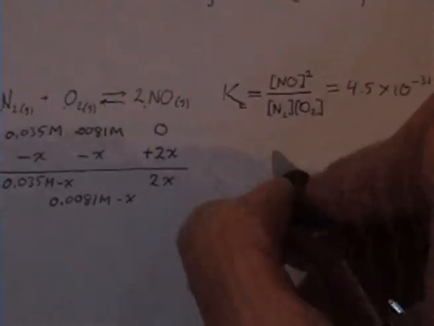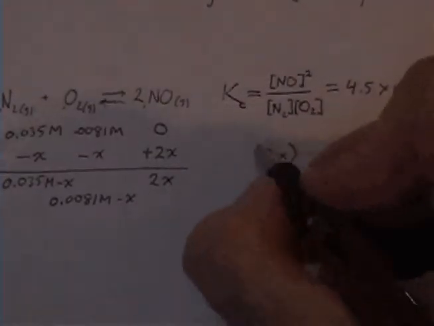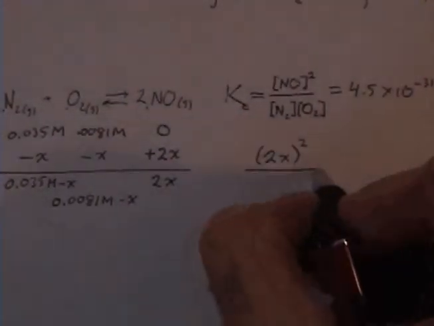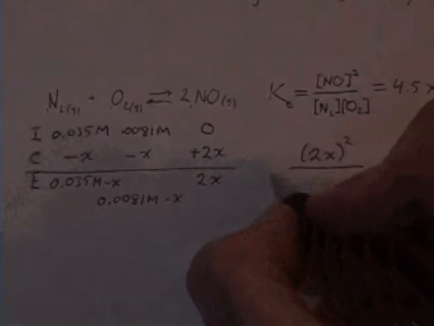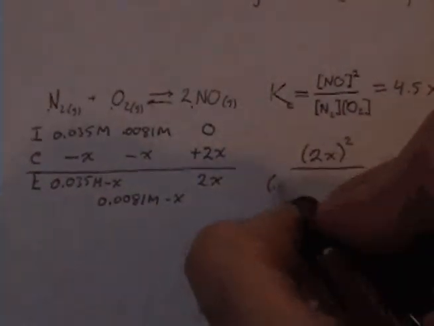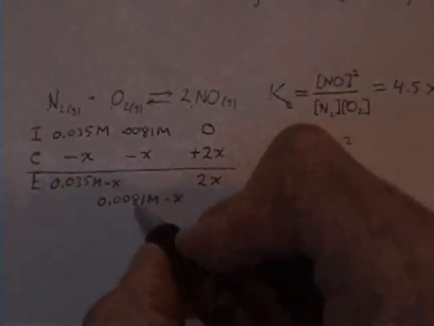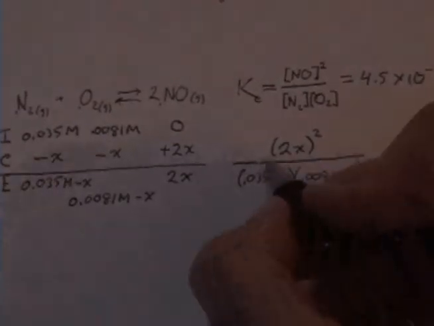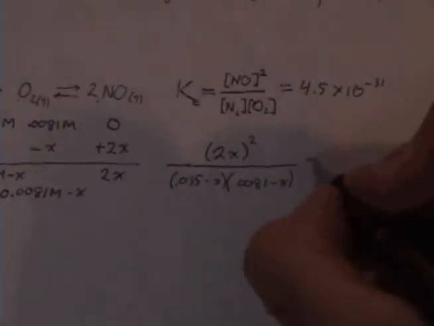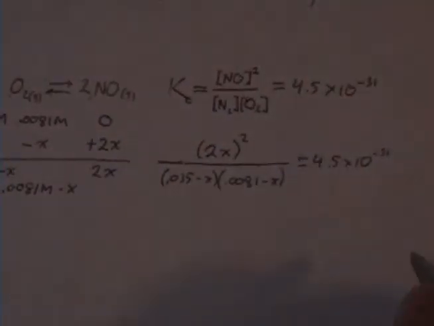At equilibrium, our concentration for NO is 2x, squared, divided by the concentration of N2 at equilibrium, 0.035 minus x, times the oxygen, 0.0081 minus x, and I put this equal to 4.5 times 10 to the minus 31.